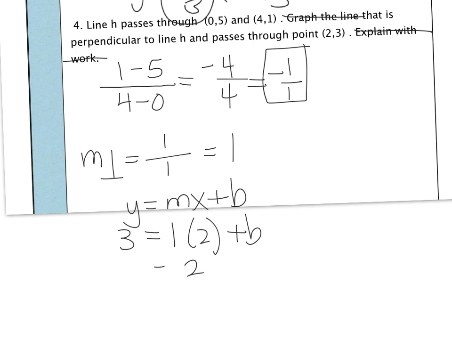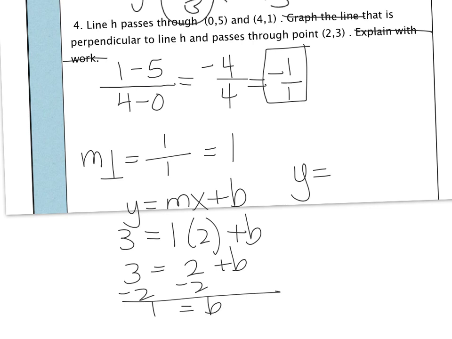So if I solve this for b, subtract 2 from both sides, I'm going to get b equals, oh my gosh, 1 again. So this equation is now y equals, again, the slope of the line perpendicular is what we want. And that's going to be a positive 1 x, plus our y-intercept, which is 1 also.